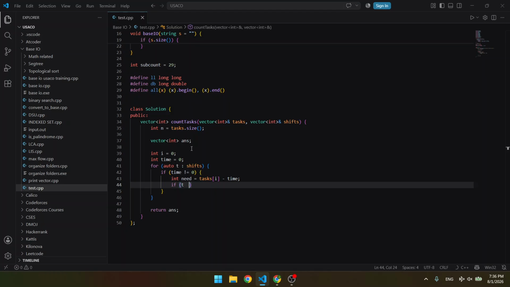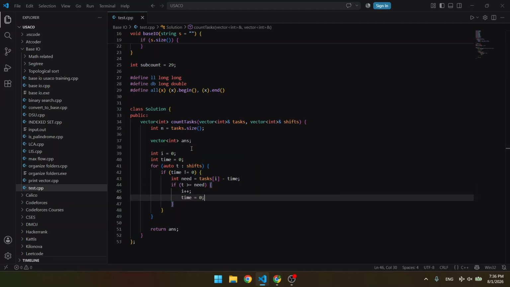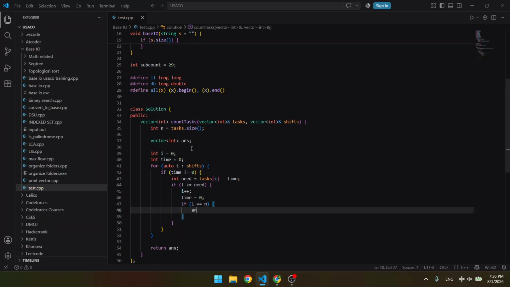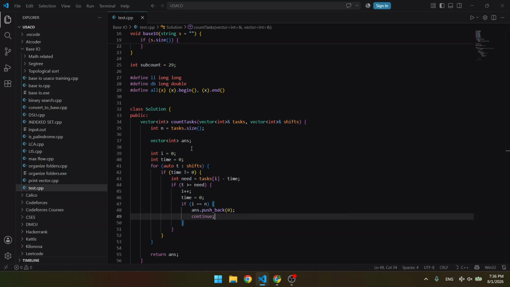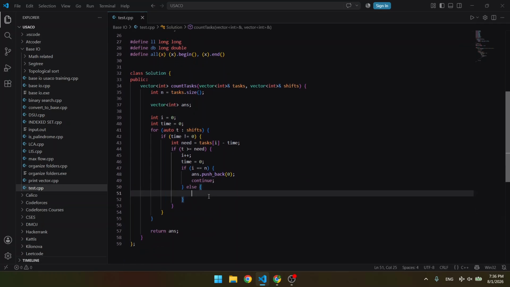If t is greater than or equal to need, i plus plus, and time is equal to 0. If i is equal to n, then push back 0 and you can continue, right? Otherwise, if i is not equal to n, you can just keep going. t minus equal to need.